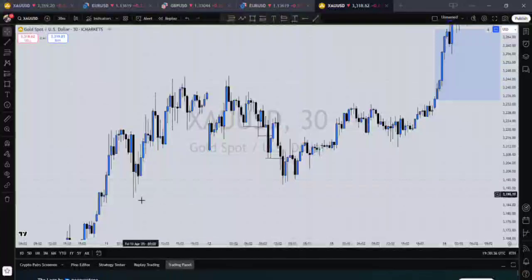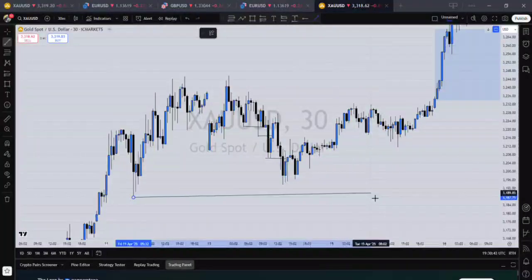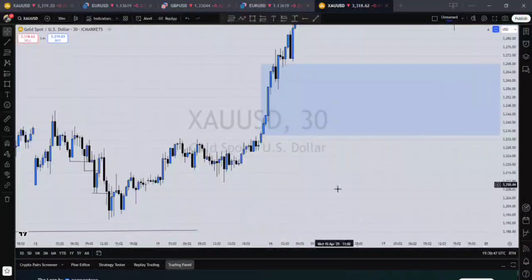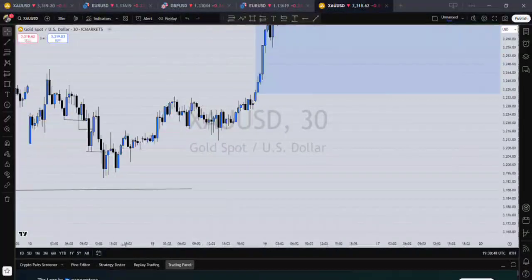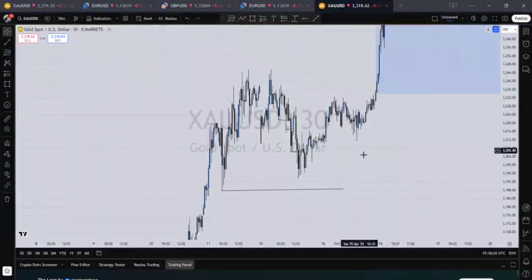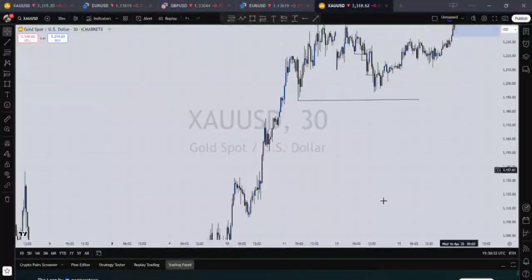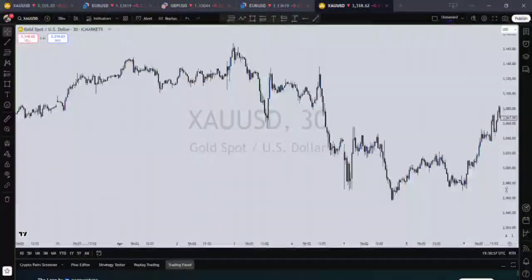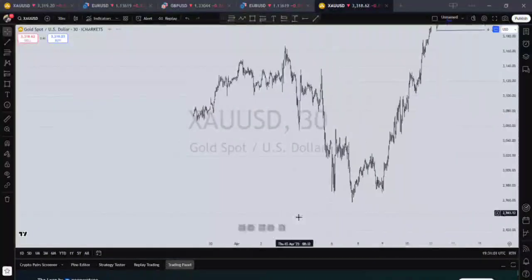It could not even come and take this low, and there are people that will be targeting this low. It is an uptrend. You can't expect price to just be breaking lows in an uptrend. So when price is doing like this, make sure you close your trade. If you want to hold your trade, at most after the third break, exit that market.